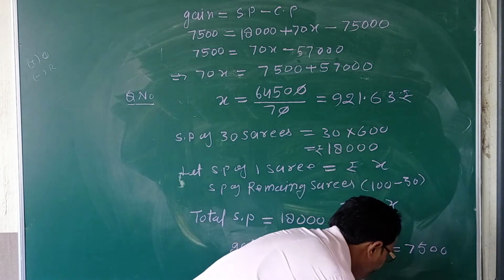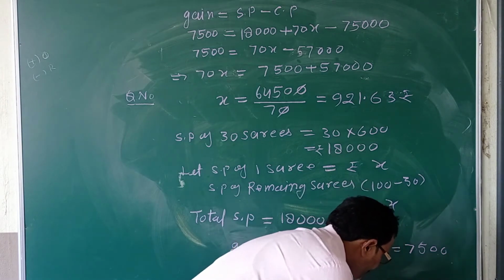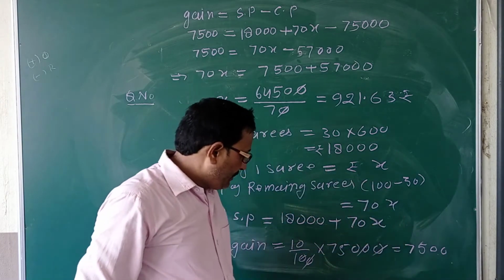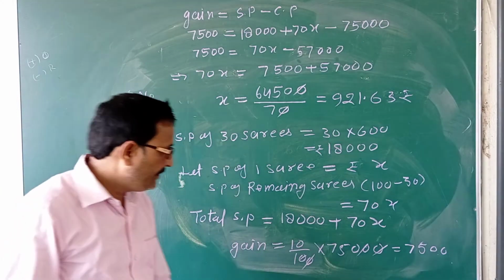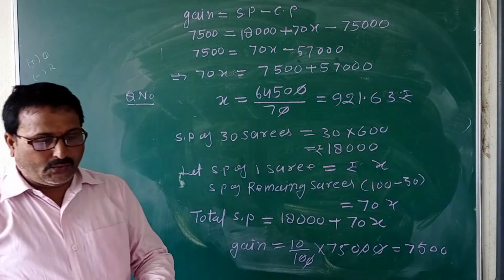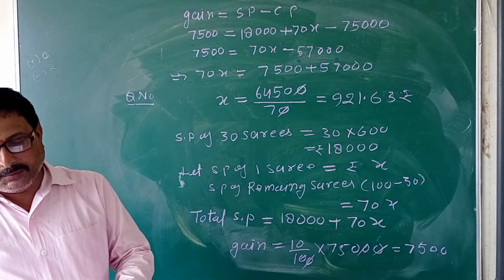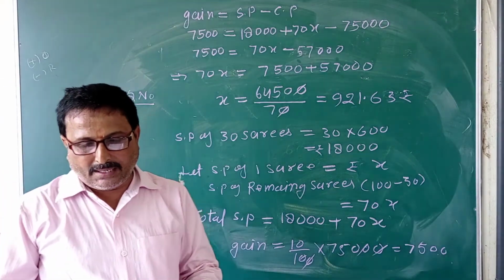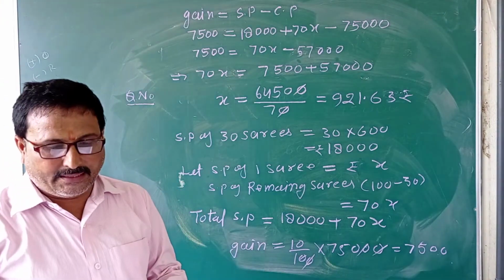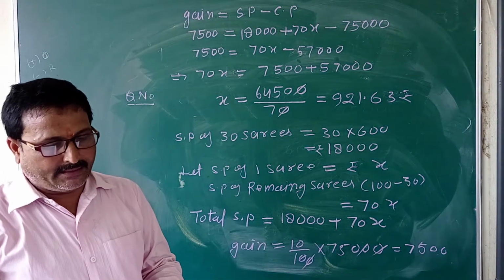Next question. Question number 2 given. Sohan and Rohan bought one music system each for the same price. Sohan sold it for rupees 14,400 and lost 10%.